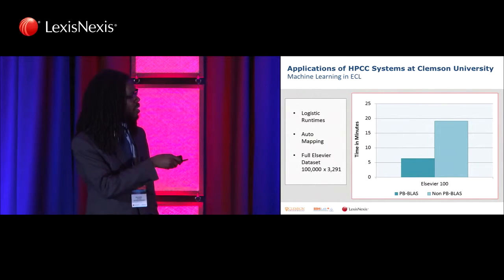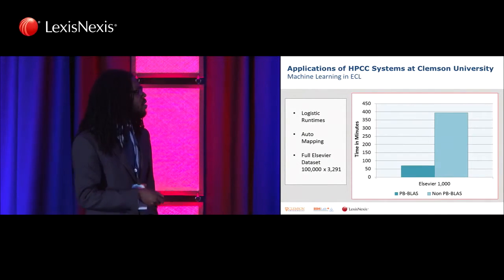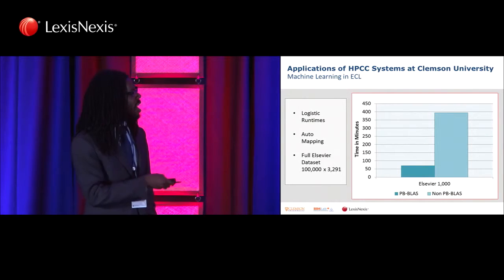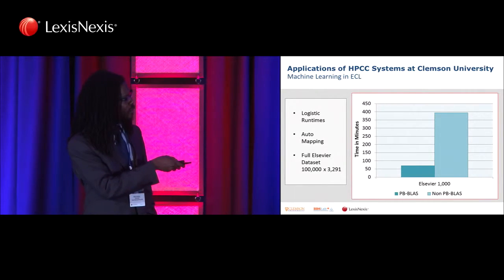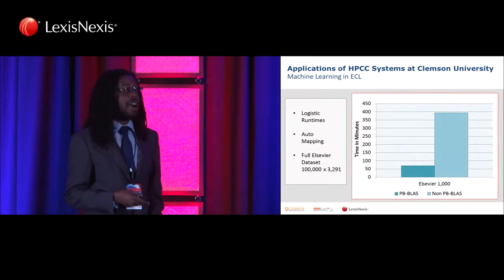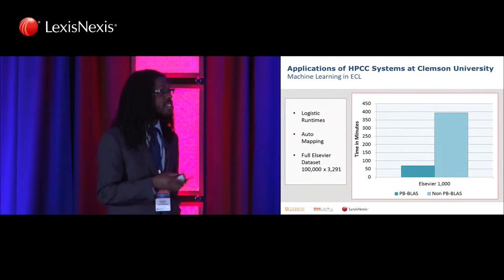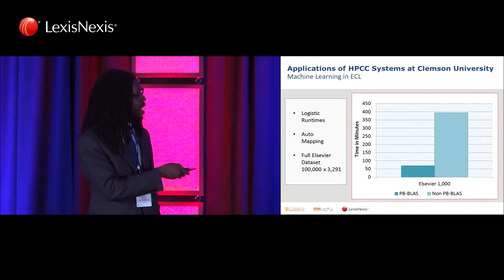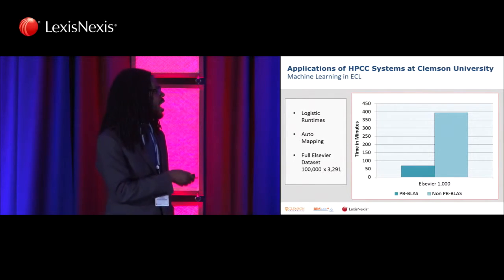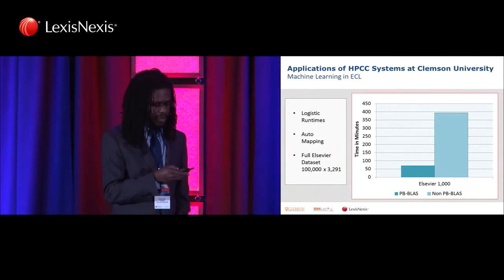But then if we scale it up and look at a larger number of instances, for 1,000 instances, the non-PB-BLAS version took about 6 hours. So it took a very long time. And then with the PB-BLAS implementation using the auto map feature, we actually got it under an hour.